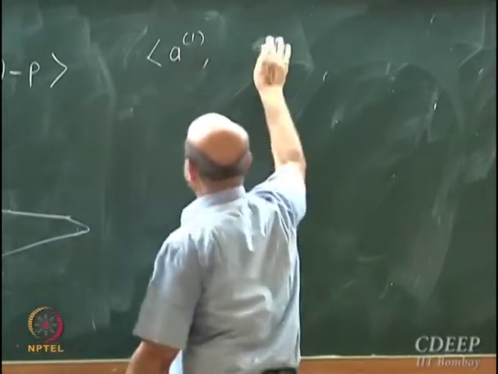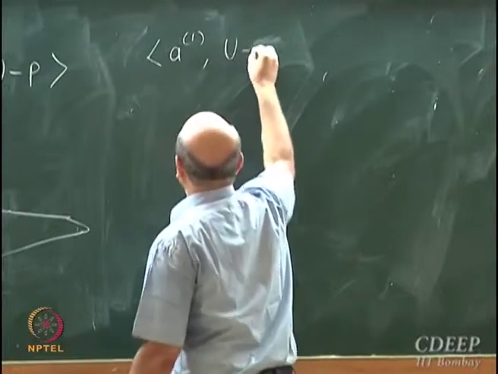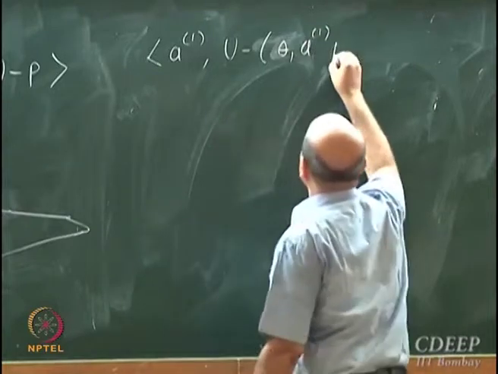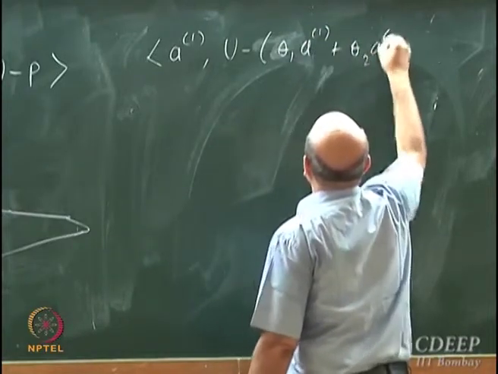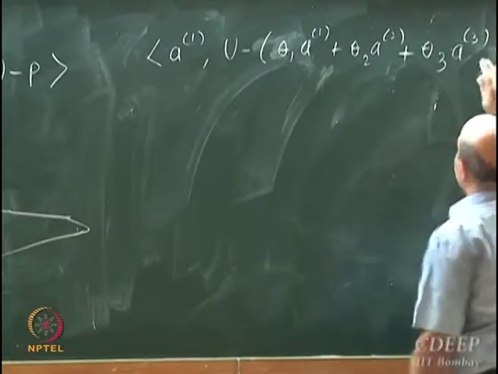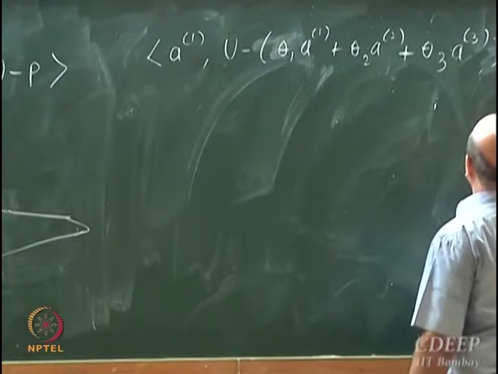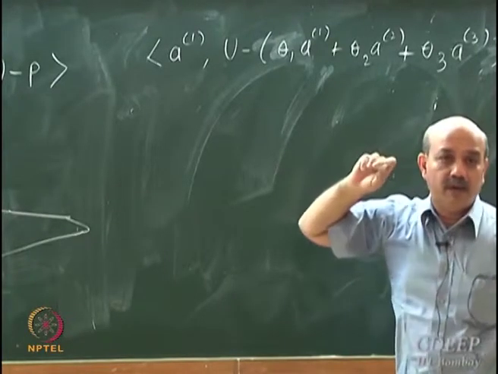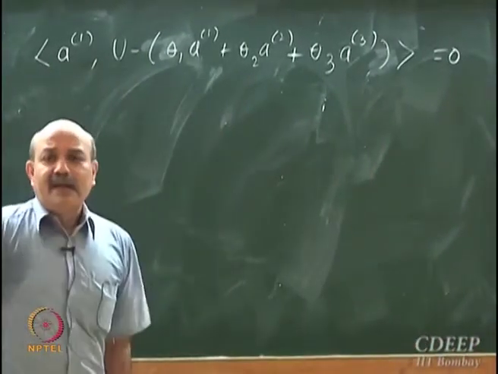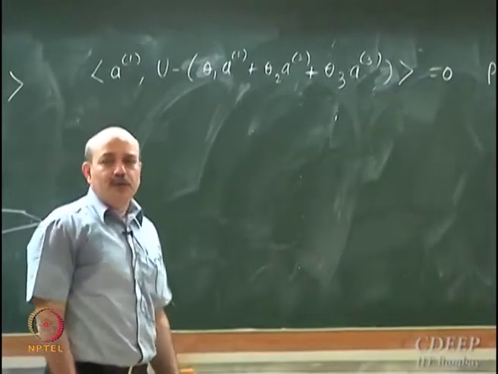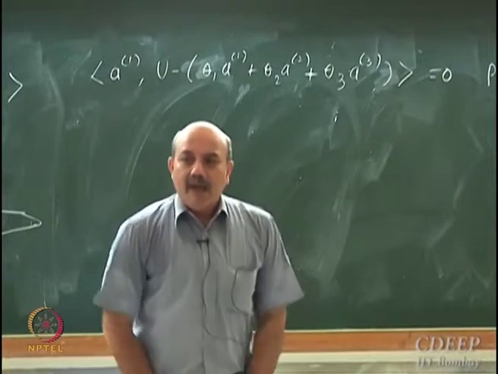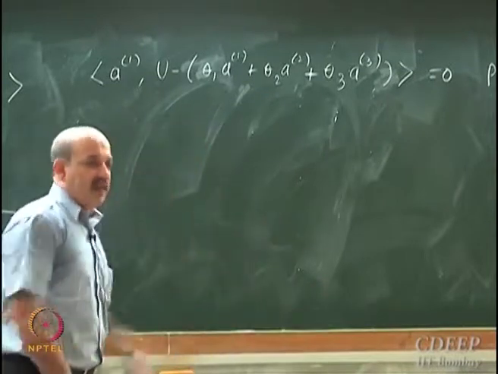A1 inner product u minus (theta 1 A1 plus theta 2 A2 plus theta 3 A3) is equal to 0, right? In m dimensions, with real values, what is the simple inner product? A transpose B, if A and B are 2 vectors.